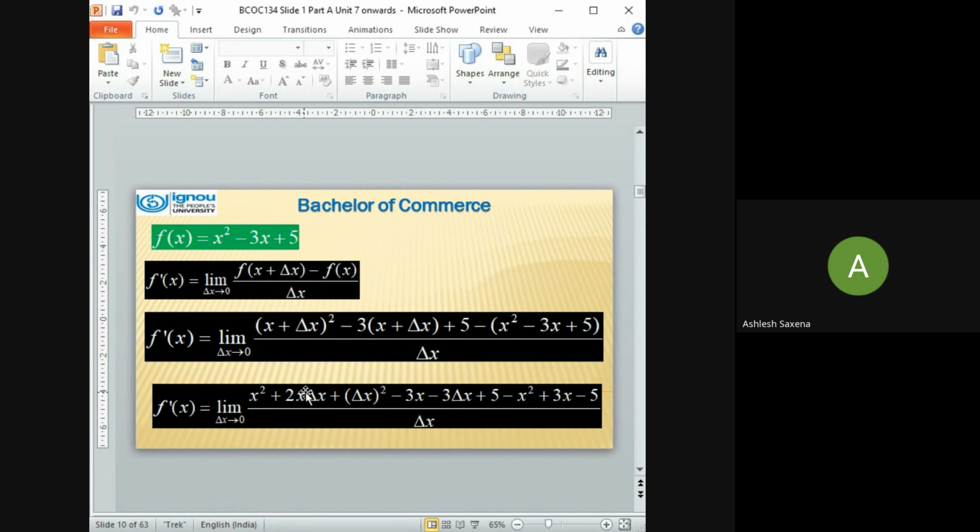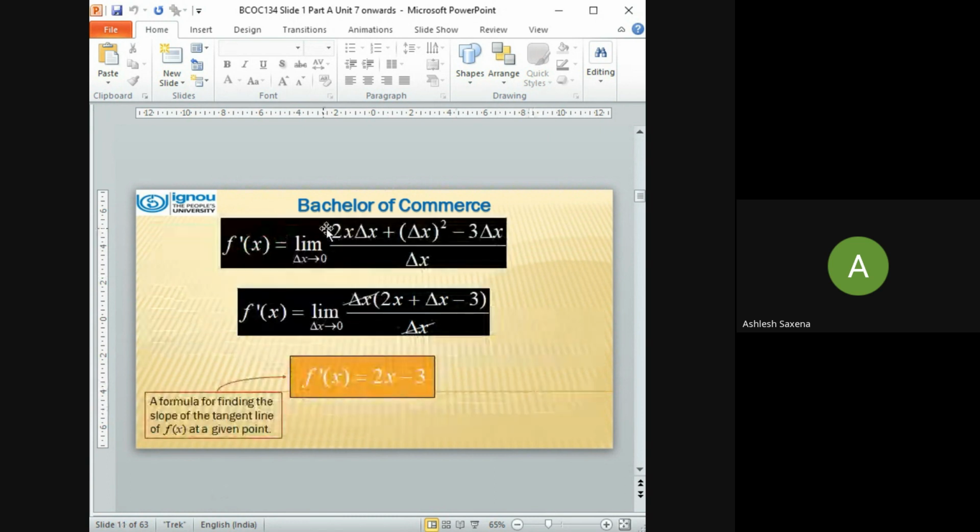We will be left with this, this, this, this one, this and this. Here it comes in this one. You will be having 2x into delta x plus delta x whole square minus 3 delta x, upon delta x.